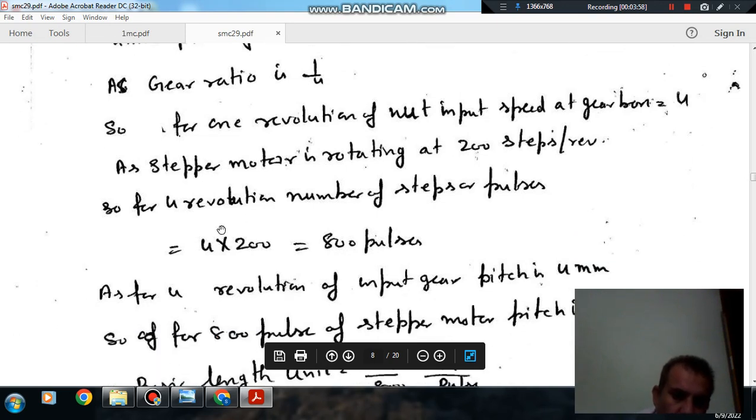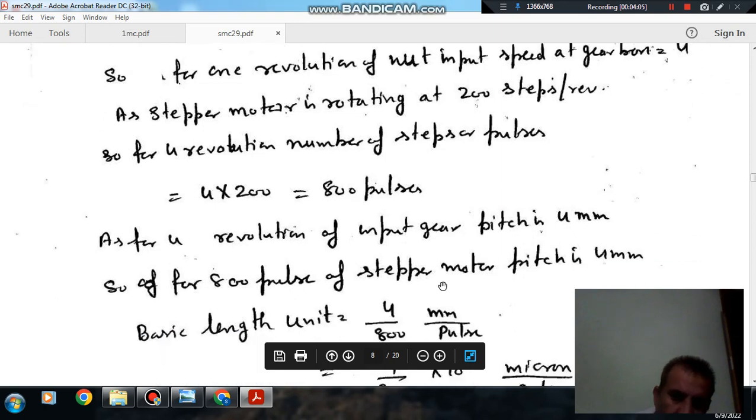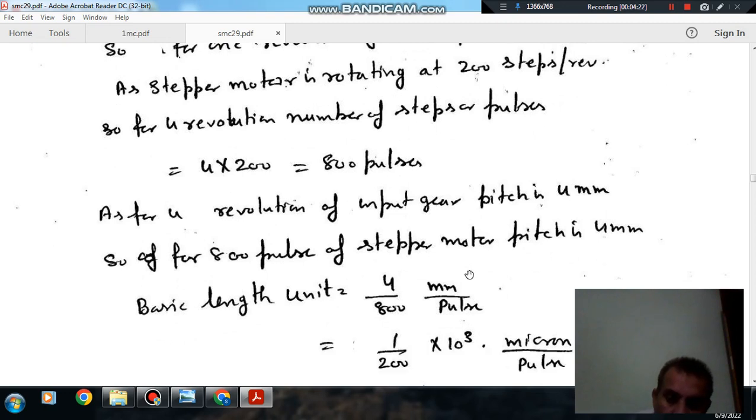For 4 revolutions of the stepper motor the table moves by 4 mm, the pitch. So for 800 pulses of the stepper motor, the table movement is 4 mm.